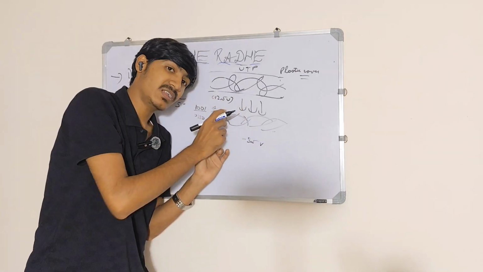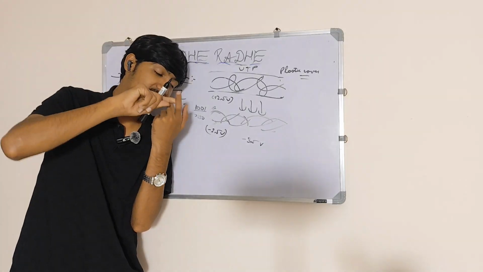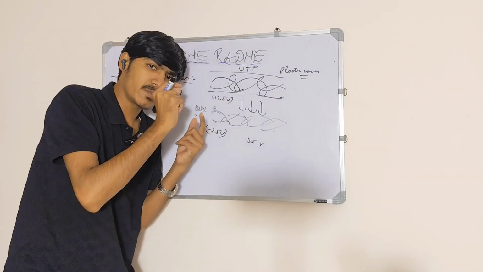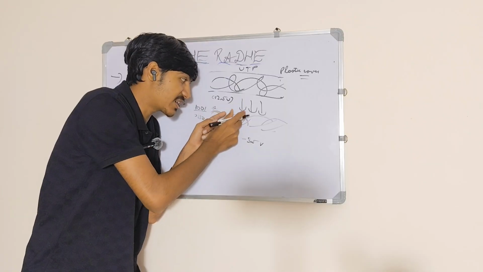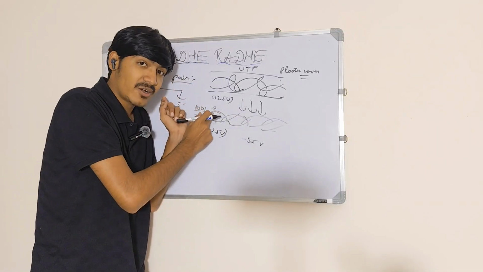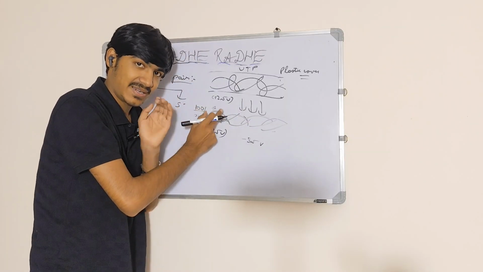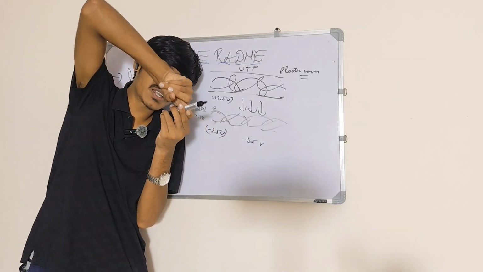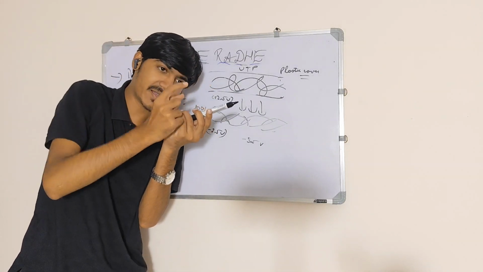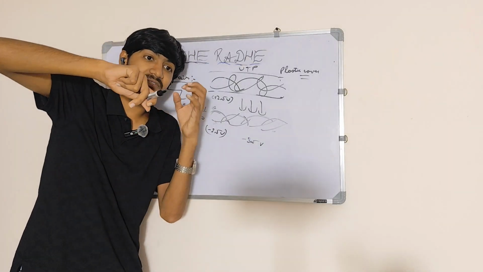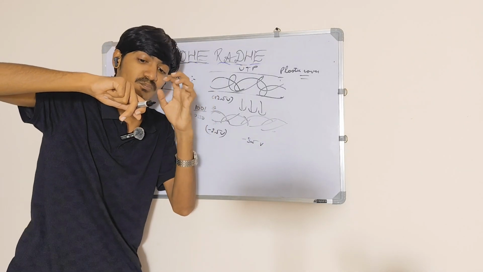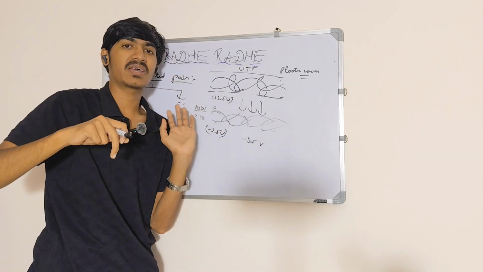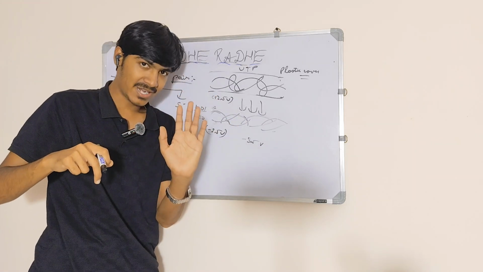If it is striking here, we have twisted the wire so much that within just a micrometer or a millimeter gap, at the same time this wire is also getting affected. If one wire is exposed, the second wire is coming next to it, and we are claiming that both wires are equally affected by the external interference. Getting my point?